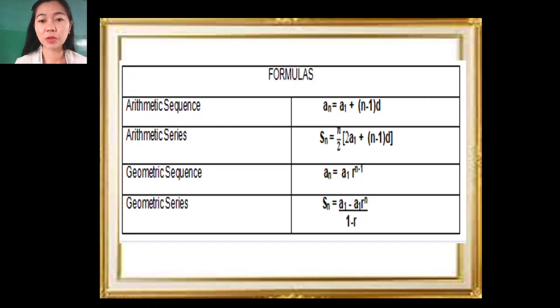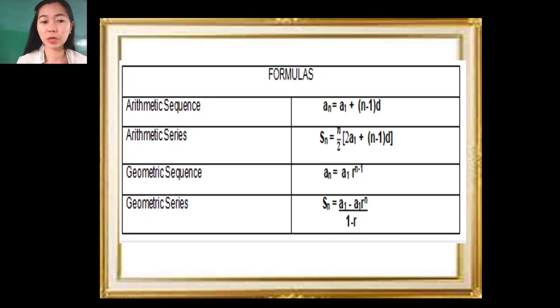For example, if you are going to find the 7th term, you are looking for a sub 7. So that is the nth term or the last term. A sub 1 is the first term, n is the number of terms, and then d is our common difference.